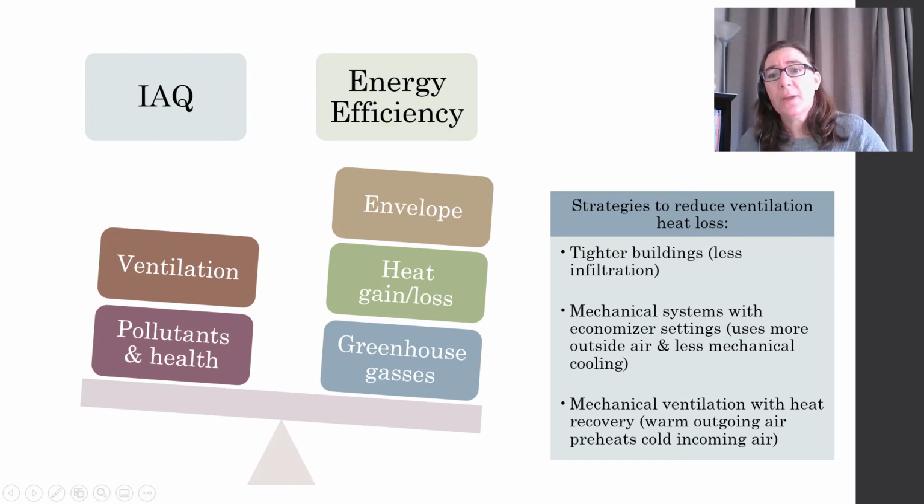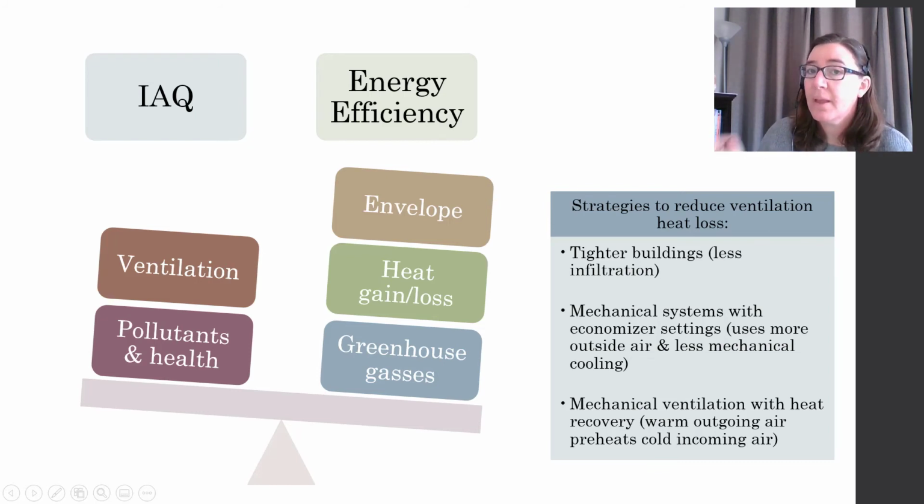And some of the ways you can do this are listed here, some strategies to reduce the heat loss that ventilation will cause in your building. The first one is tighter buildings. We have moved in the last 50 years of construction to tighter and tighter building types.